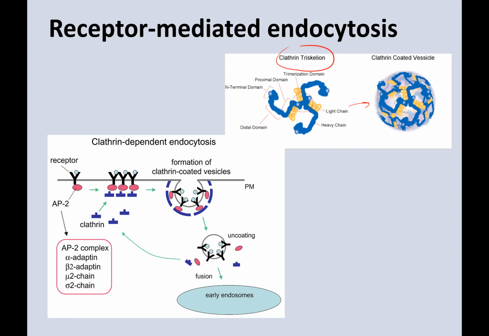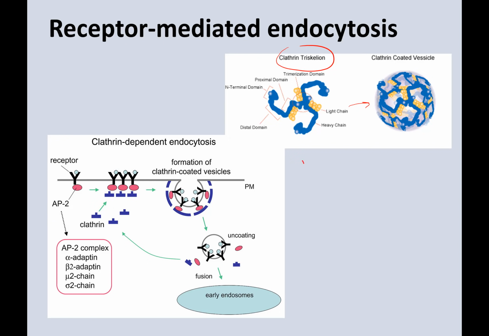So clathrin and the coat proteins we'll talk about in just a little bit are really important for actually building the scaffolding to make a vesicle, right? So if you think about it, you need some kind of structure to grab that membrane, wrap it around something, and bring it in. And that's where clathrin comes into play.